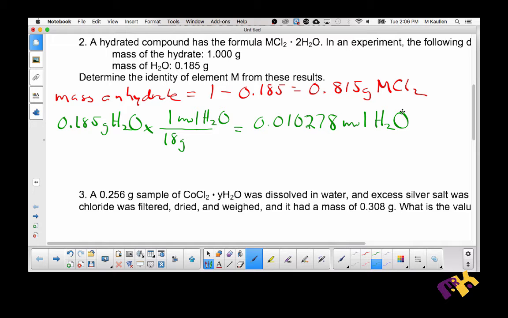Okay, so if we know the number of moles of water that were removed from this hydrate, how can we use this to determine the moles of the anhydrous that is attached to it?